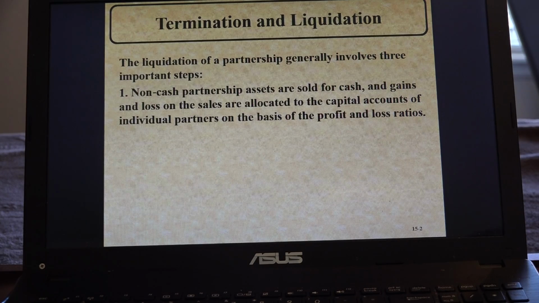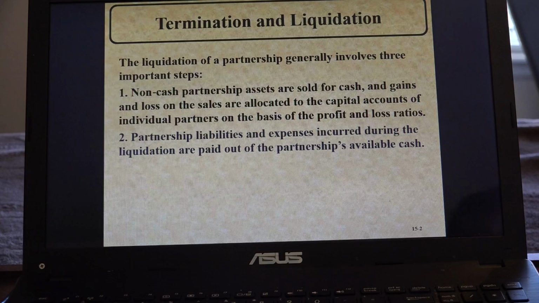The non-cash assets are sold and the gains or loss on the sales are allocated to the capital accounts of each partner on the basis of their profit and loss ratios. 2, the partnership liabilities and expenses are paid out of the partnership's available cash.